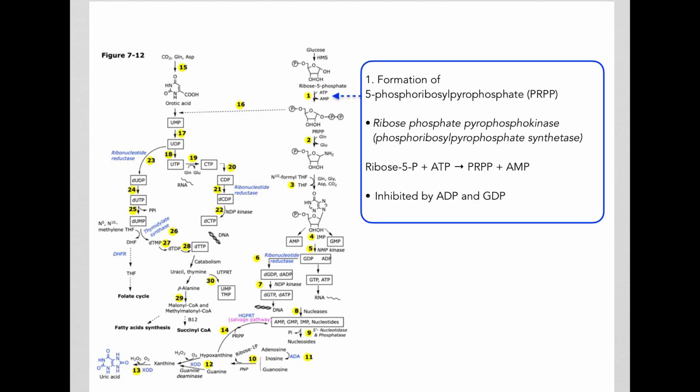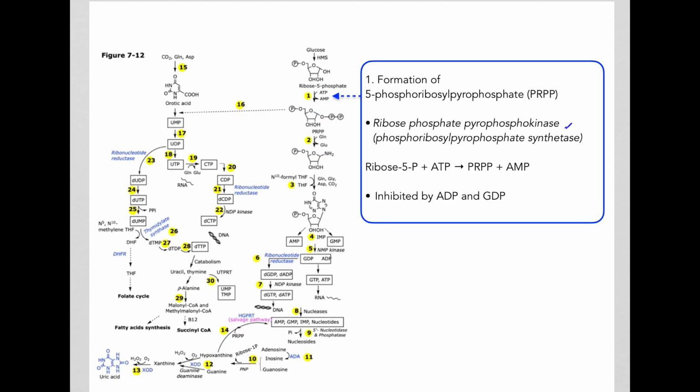When we say active or reactive sugar, what we mean is you can see that carbon number 1 of the ribose right here has a pyrophosphate group attached to it. In organic chemistry, this means it is a good leaving group, and that will make this carbon number 1 reactive so that it can undergo the next reaction, where you can see an amine now attached to carbon number 1.